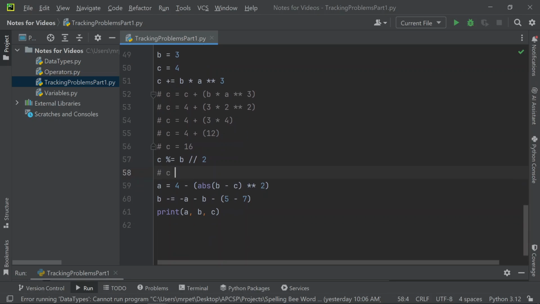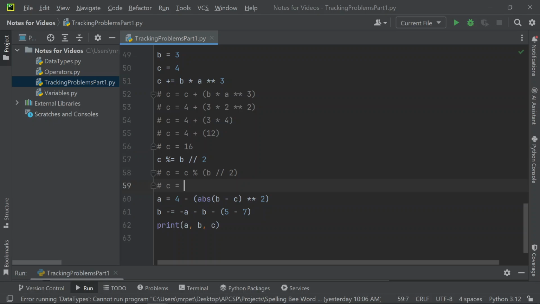All right, this line, we start with rewriting it, since most of these are using the shortcut operators. Then we substitute. C is now 16. B is 3, I believe.